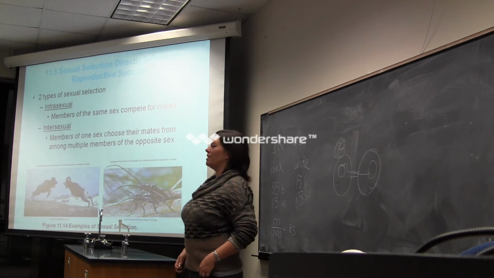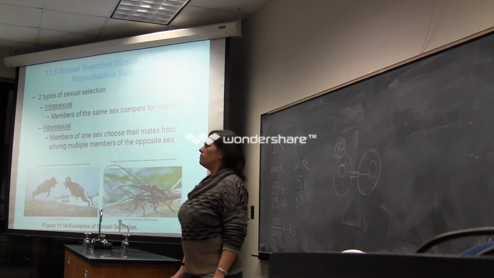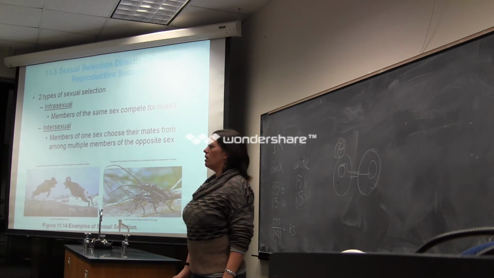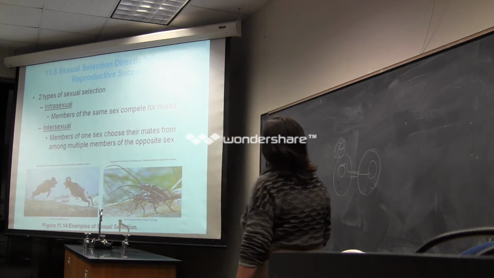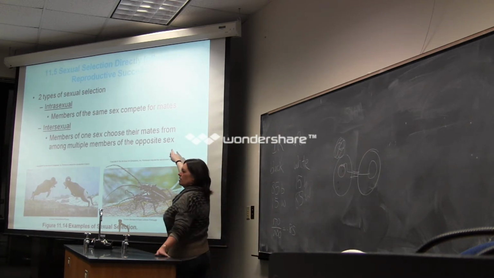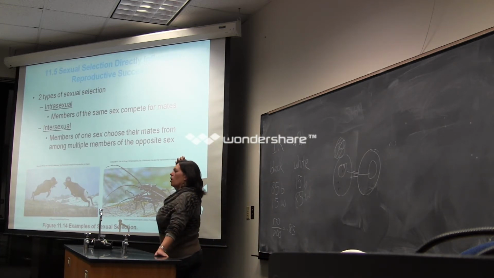Did you correct this slide? Did I correct it since it's been posted? Is there something printed different? It has the same definition twice. It says members of one sex choose their mate, and members of the same sex... Right, but on the side, when they compete, it came off the same. Maybe I uploaded the wrong one.